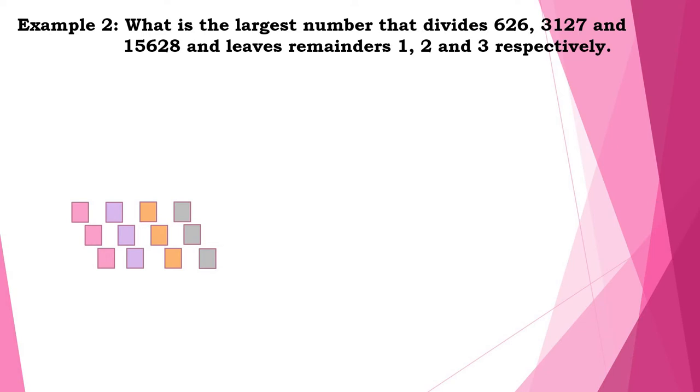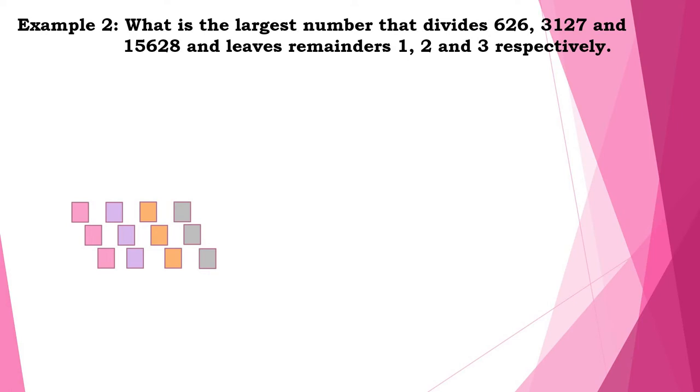But before that, we see that when we divide these 3 numbers, some remainders are left, right? So we know that according to division algorithm, when the remainder is subtracted from the dividend, then we get a number which is completely divisible by the divisor.